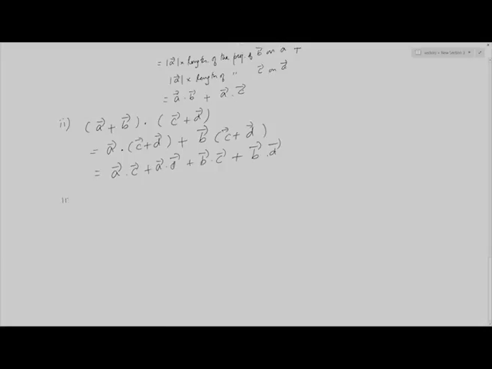And number 3, the modulus of A plus B. What is the modulus of A plus B?